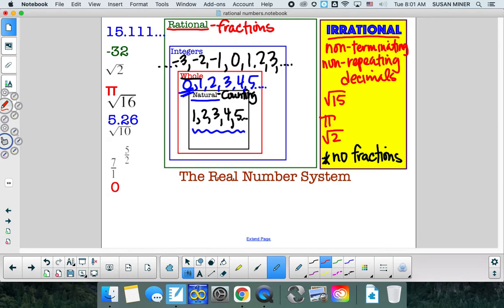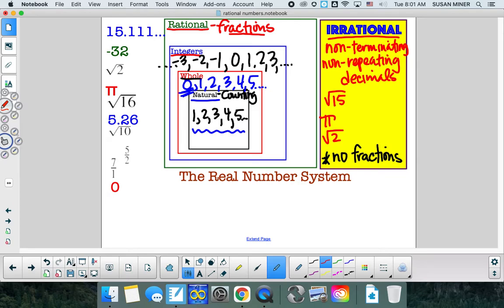So we include all the integers in the rational number system, we include all the whole numbers, we include all the counting numbers, all of those are included. That's why all of these boxes are kind of inside each other. They're kind of different layers, like a family tree, right? So the rational numbers include all of the boxes that are inside it, but they also include fractions or parts of numbers.